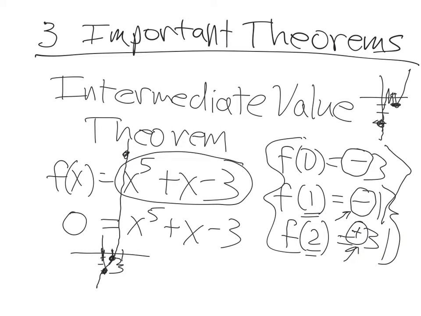So all of these points would be places where the function could equal 0. Just because this one's negative and this one's negative doesn't guarantee that there is not a 0 between. It just doesn't guarantee that there is one. There still could be one, but there may not be.